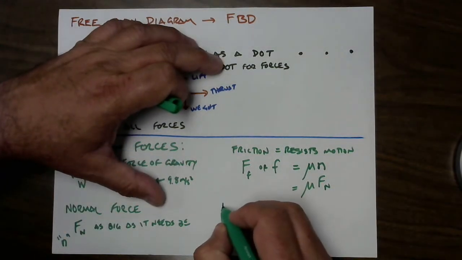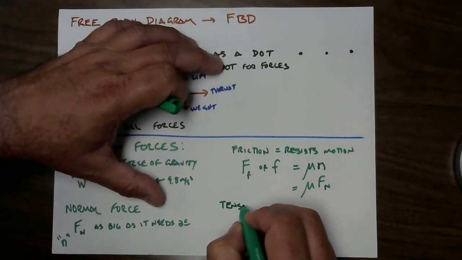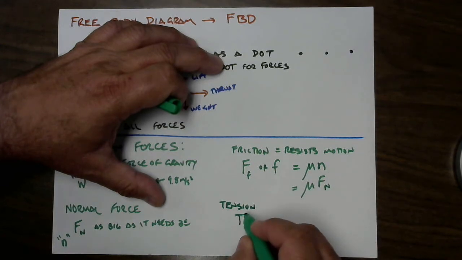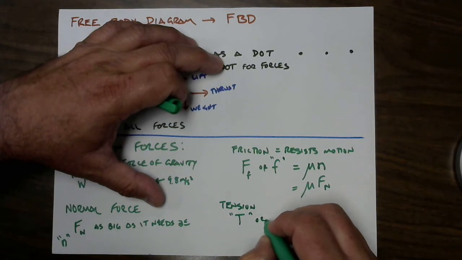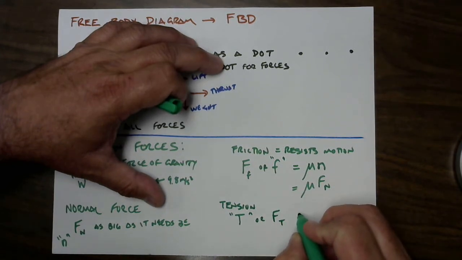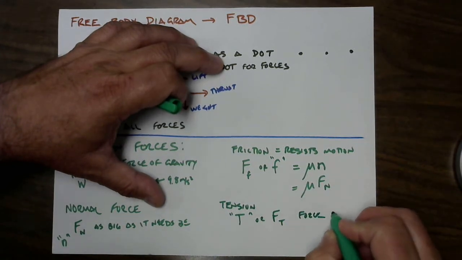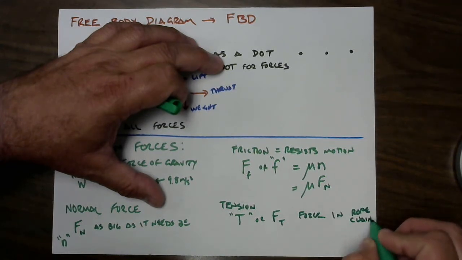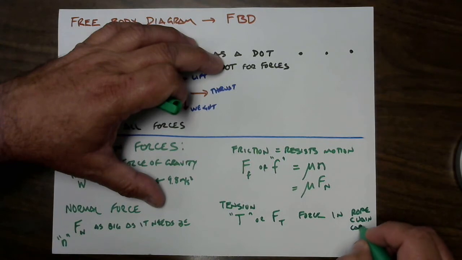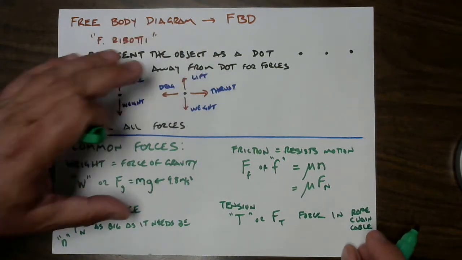One more. Tension is a force. You can abbreviate it with a T or F with subscript T, and tension is the force in a rope or chain or, I don't know, cable, anything that's a one-dimensional object that's flexible.